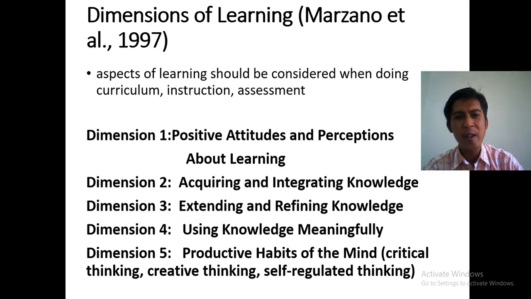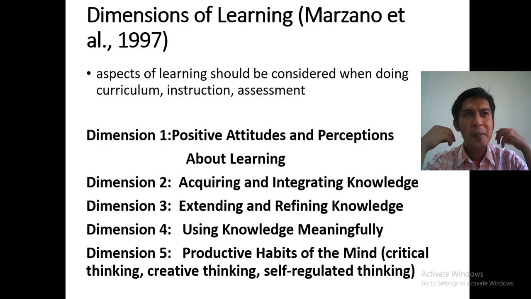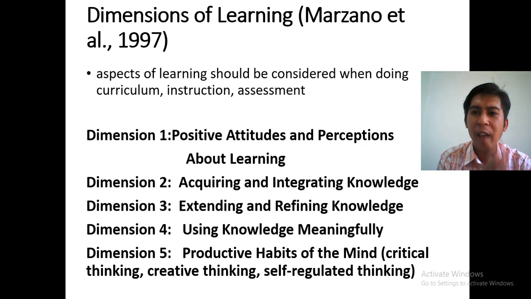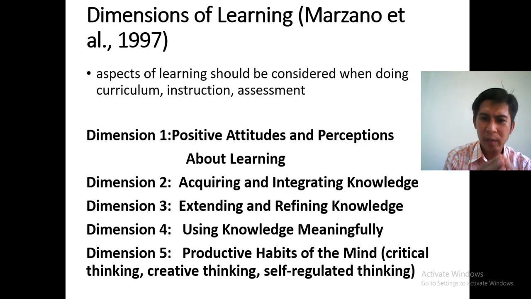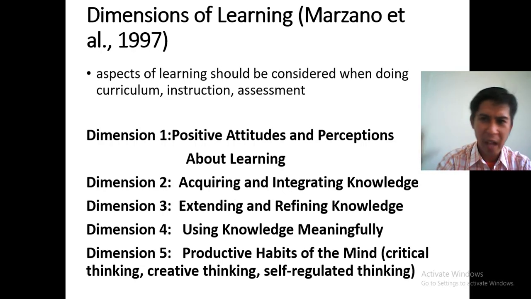Then provide activities that they will also extend and refine knowledge, mastery, revision. Solving some concepts that they have not understood. Refine, extend. If there are misconceptions, skills and knowledge, attitudes, refine.